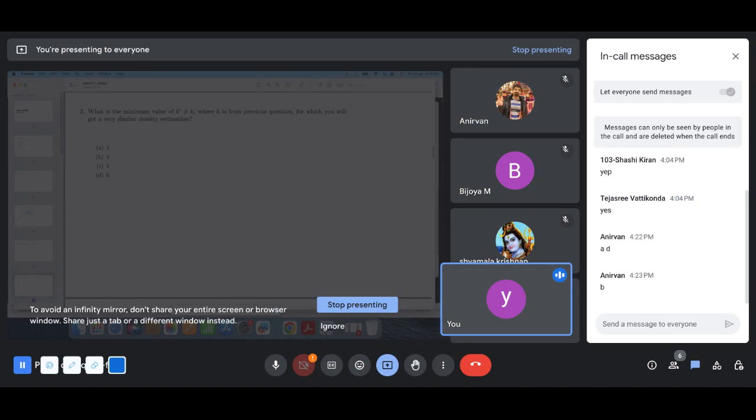Now, in the same question, what is the minimum value of k prime, not equal to k, for which we get a similar density estimation? In this question, 4 is the ideal answer. If not 4, what is the minimum k that fits this data?